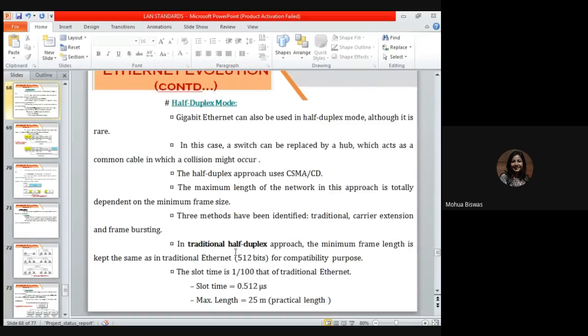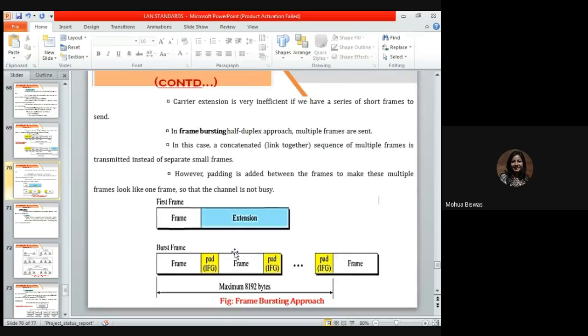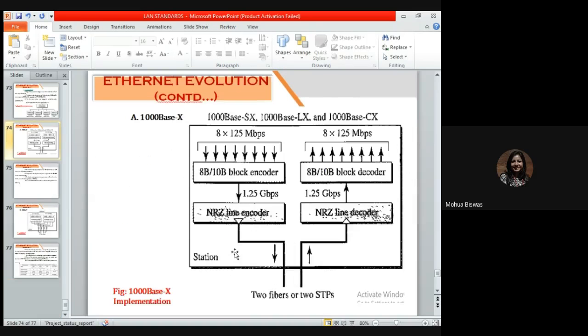It is used by that 1000BASE-X implementation for converting your bits into signals.